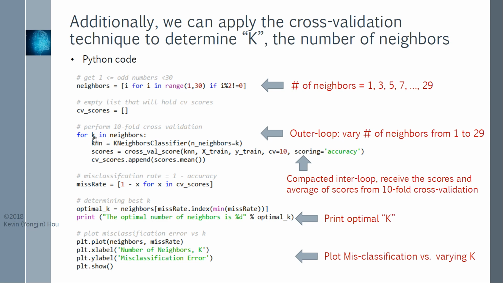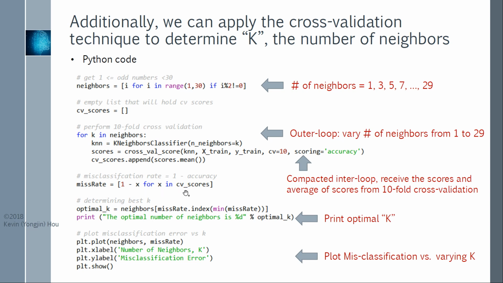Each time we vary the k from 1, 3, 5, 7, and so on, we get one additional element in the CV scores. CV scores basically just contains the average accuracies from different choices of number of neighbors. Eventually, we do a very simple conversion.